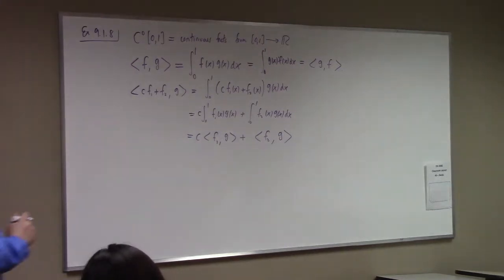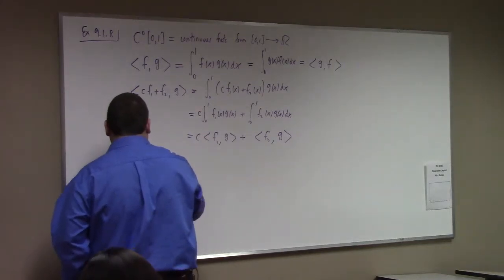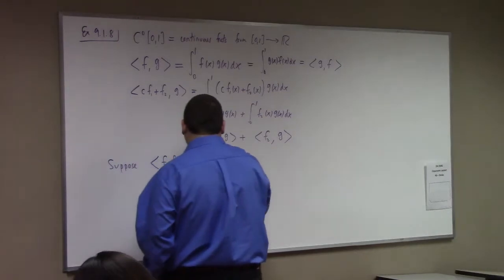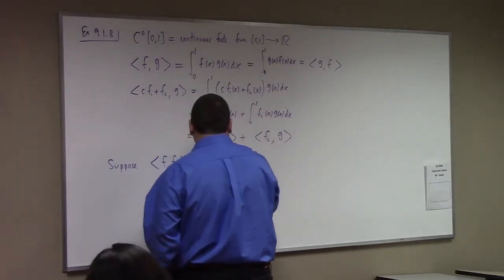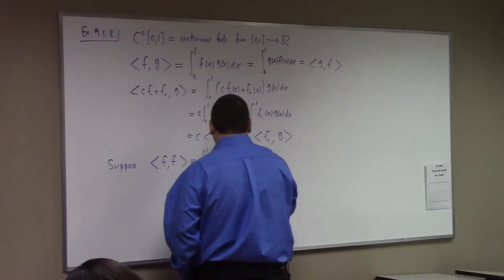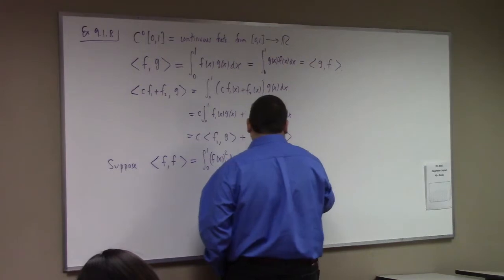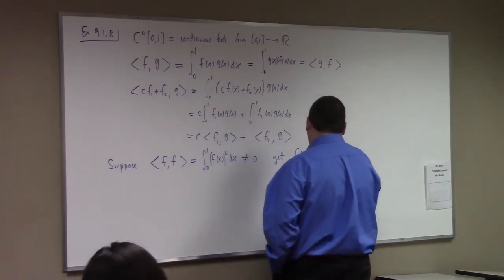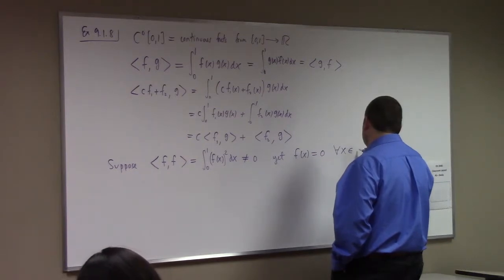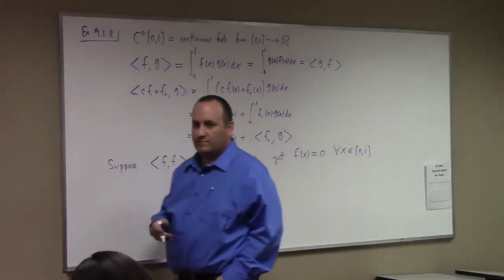So suppose, think about this for a second. Suppose we had that the inner product of f and f, which is the integral from 0 to 1 of f of x squared dx, was not equal to 0, and yet f of x was equal to 0 for all x in 0 to 1. Is that possible?